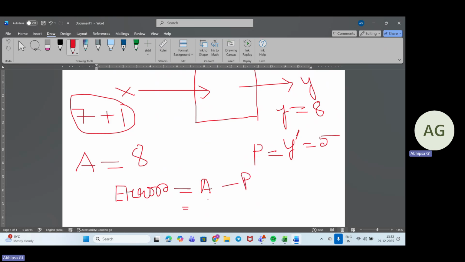So that is 8 minus 5, which gives me 3. So there is a difference of 3 between my actual value, which should be 8, and the value of 5 that my model is predicting. So the error is 3 basically.